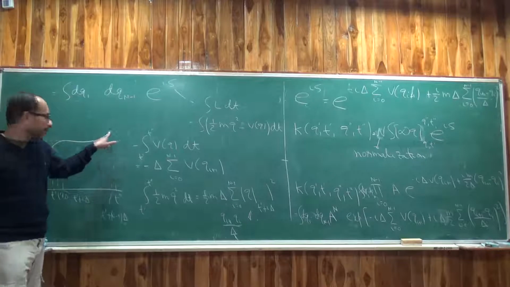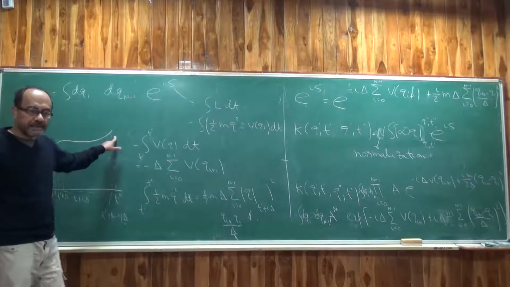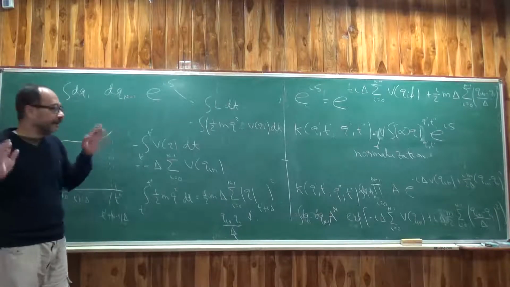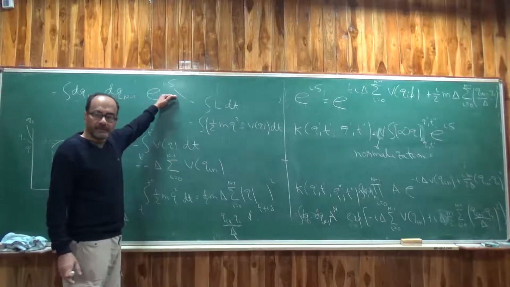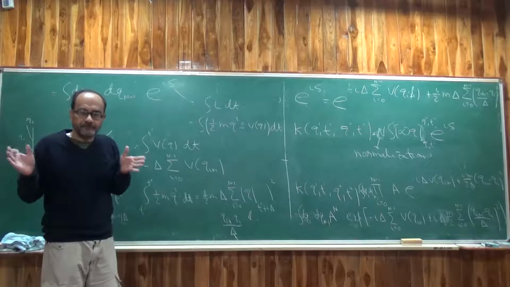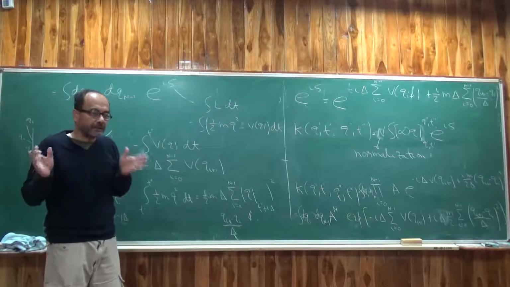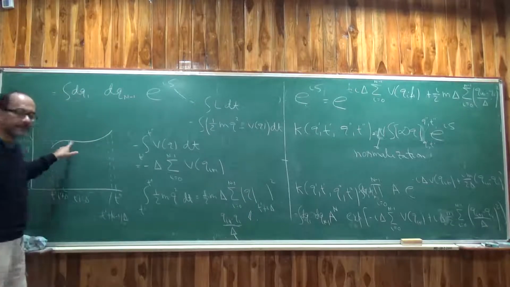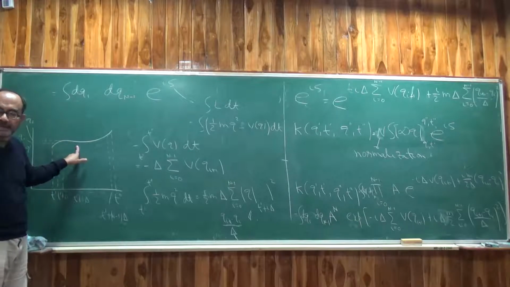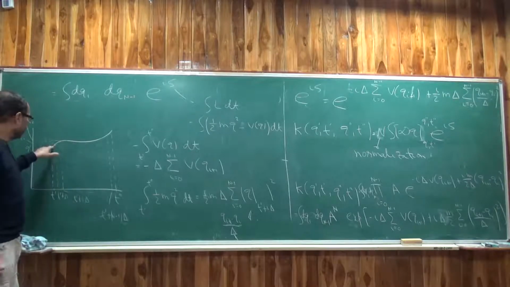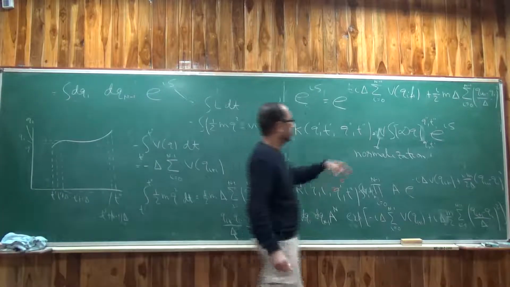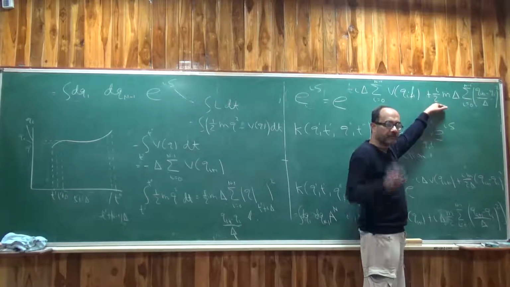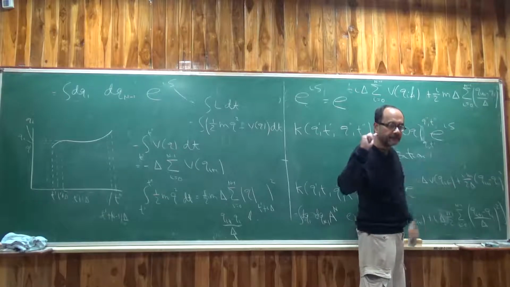You break the path into many segments, then you represent the action, which was an integral to begin with, as a sum, which is a function of the q values at those segments. Once you discretize the action, it depends only on the q values at those particular intervals.